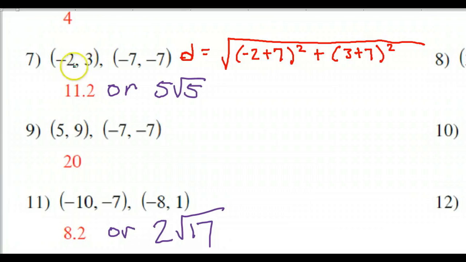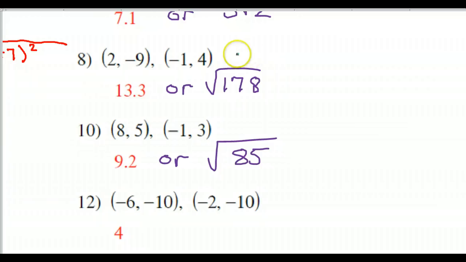I'm doing -2 minus -7. When I subtract a negative number, I must add. I'm doing 3 minus -7. Do you hear the double negative? Anytime I subtract a negative, I have to add. So if you put this in your calculator, you should get 5 radical 5 or 11.2.